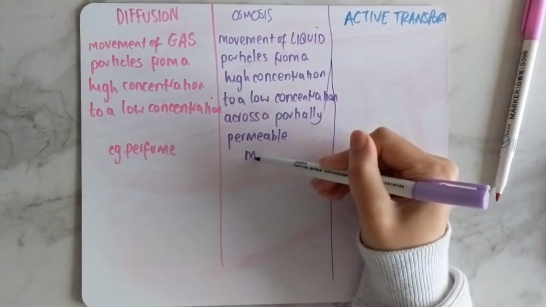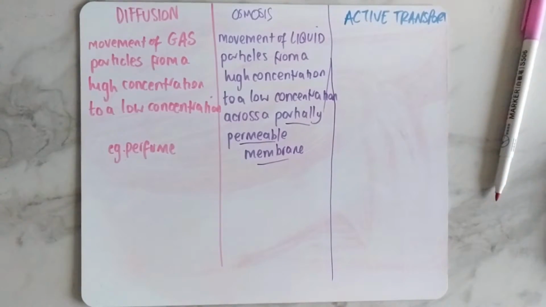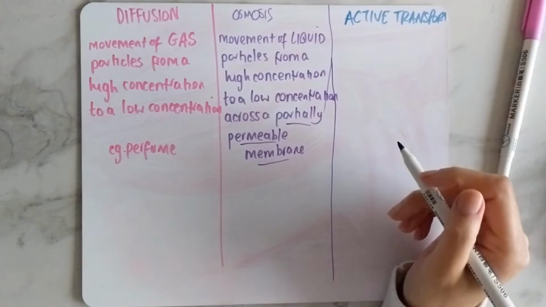Really important that you say partially permeable membrane. You will not get the mark if you do not say partially permeable for the definition of osmosis.